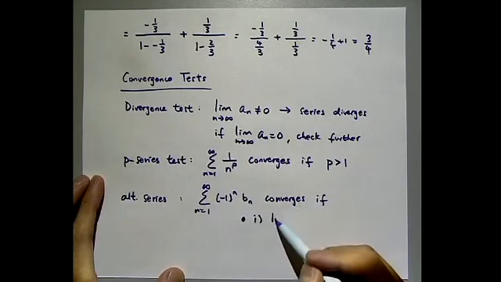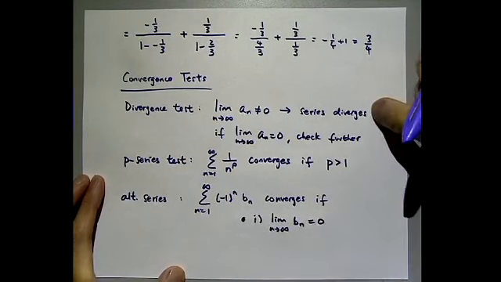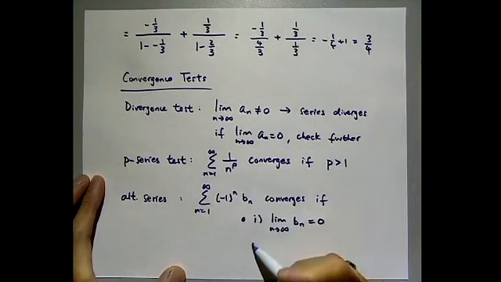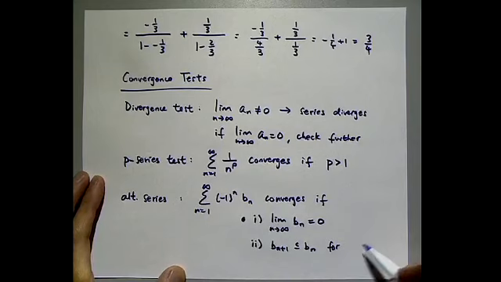Very good. So first, this thing, basically the divergence test again. And then the second condition is b_(n+1) is less than or equal to b_n for some n.